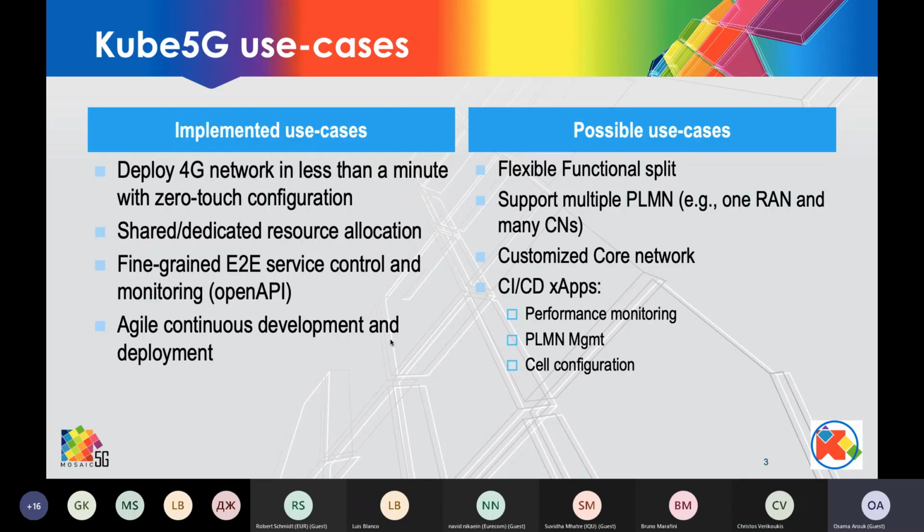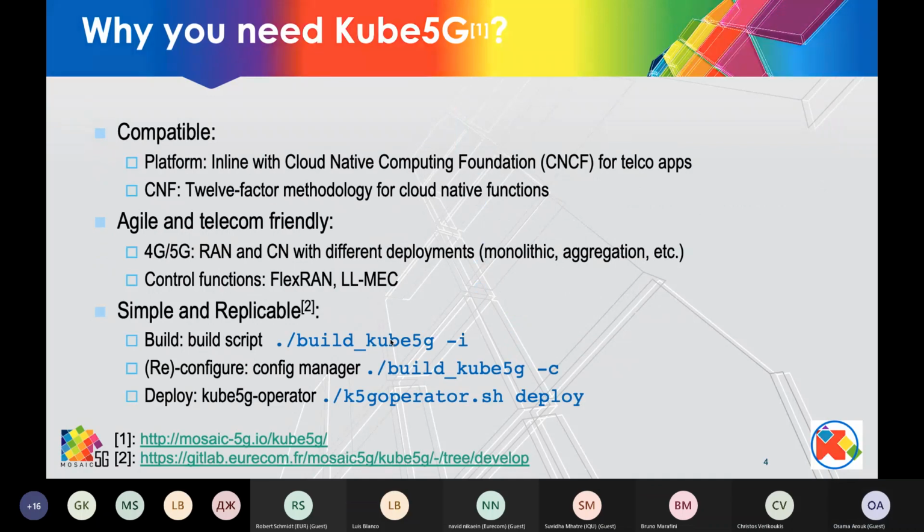And finally, with the set of extensions, the xApps that already exist in the store, you can do many interesting things like performance monitoring, PLMN management, or even SLA configuration. These are the three main components in Kube5G.